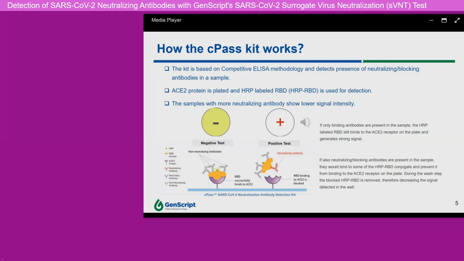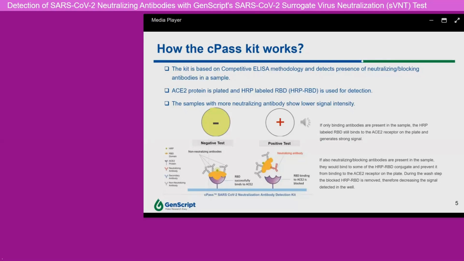How does the CPAS kit work? The CPAS technology is based on detecting neutralizing antibodies that block virus infection, as we just went over in virus infection of the cell. The kit is a competitive ELISA platform whereby the ACE2 protein is coated on the bottom of the plate wells. Samples are incubated with RBD HRP so that any neutralizing antibody present will bind the RBD HRP.